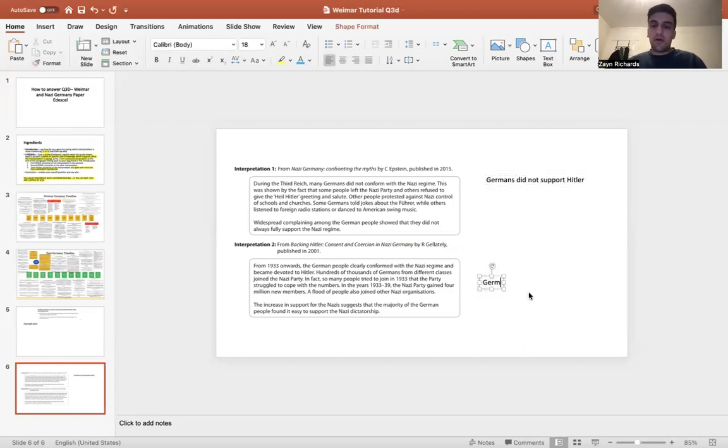And then this bottom one is that most Germans supported Hitler, okay? Or most Germans conformed with it at least, right? That was the key difference that we picked out, okay? So the one interpretation is saying that the Nazis were unsuccessful in gaining support from the people, and the other interpretation, so interpretation 2, is saying that the Nazis were successful in gaining support.